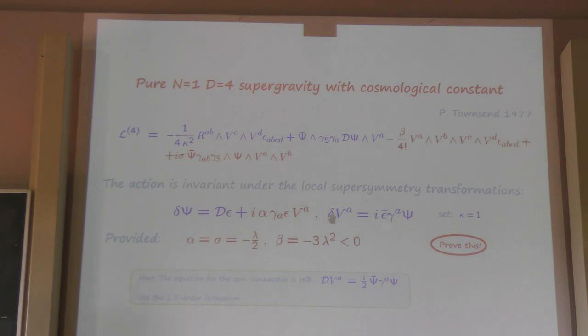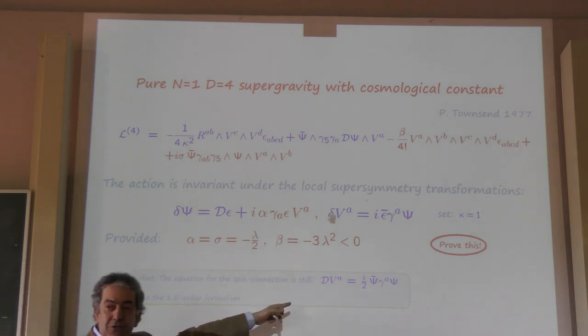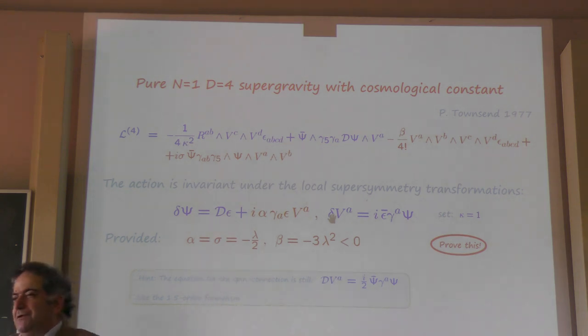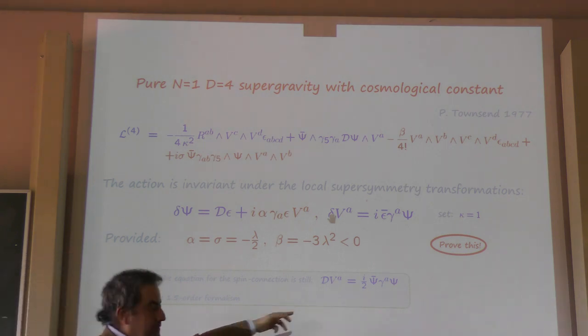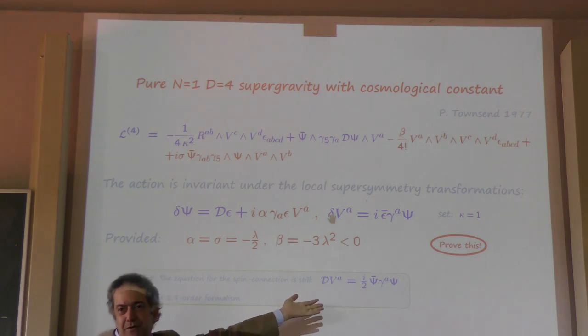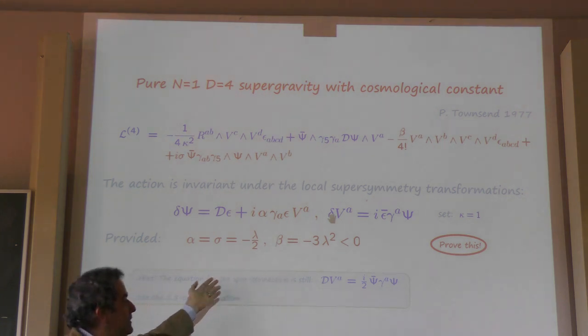Now, to prove the invariance, you need to use the Fierz identities. It's useful to use again the 1.5 order formalism, using the fact that the equation for omega is the same as before, because the new terms don't contain omega, so the equation of motion for omega is the same as before, and it's telling you that you have a torsion, which is bilinear in psi. You solve it just as you did before, and then you use the second order formulas.